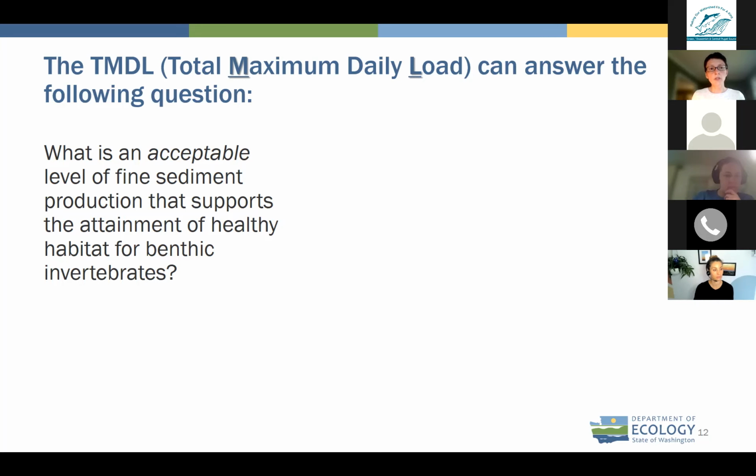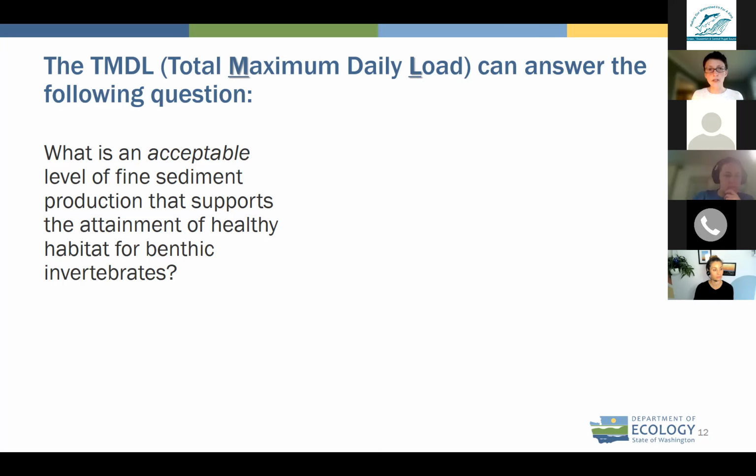So one of the questions we can ask of this particular TMDL is, what is an acceptable level of fine sediment that supports the attainment of healthy habitat for benthic invertebrates? To answer this question, we are currently calibrating a watershed model.